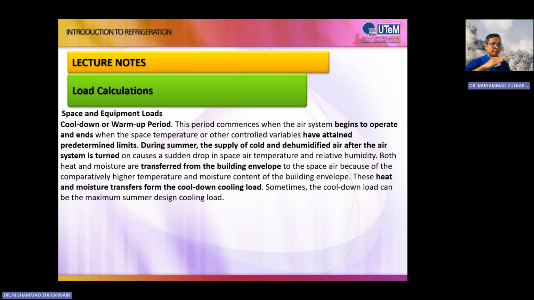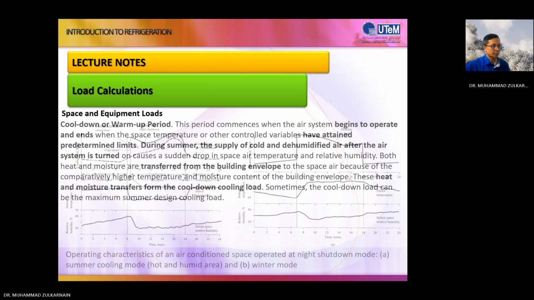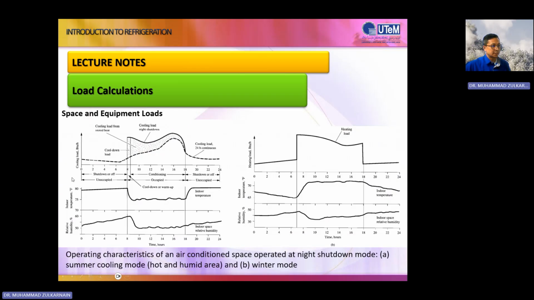So the treatment of air will be slow until it finishes. When it finishes, the refrigeration system cannot be shut down suddenly, so it cools down first. These are several graphs that can be considered for serving a commercial office.